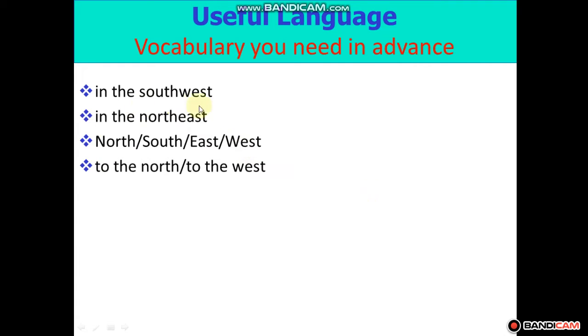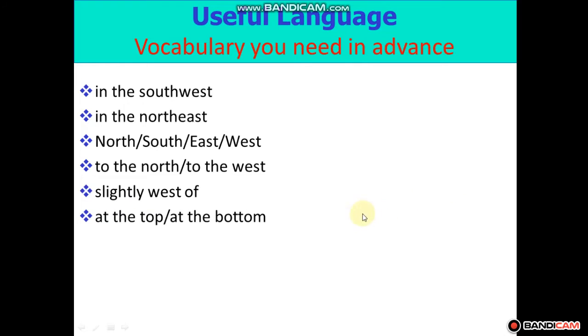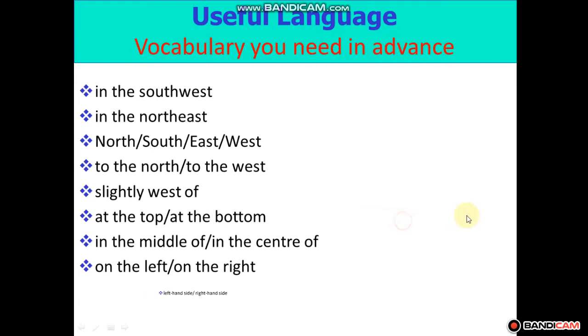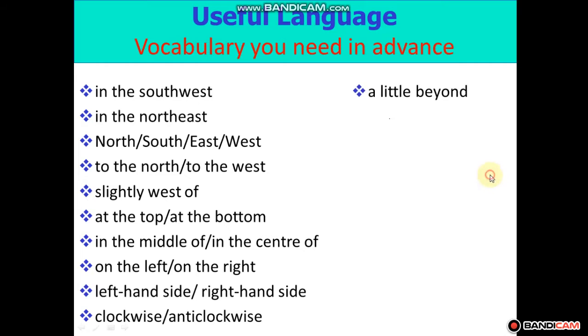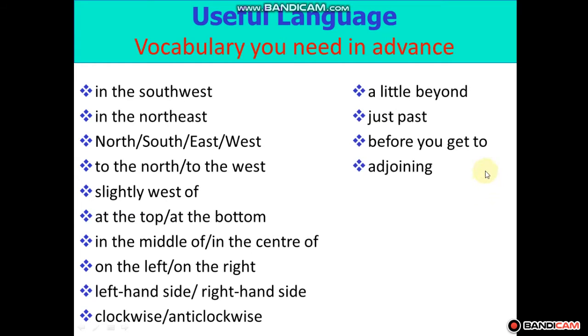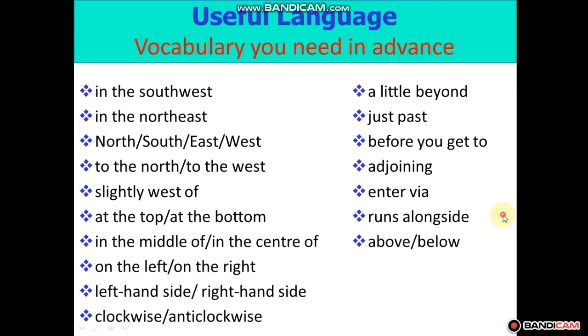Let's come to it. So for knowing the directions, you need to know the typical type of vocabulary associated with them. Like you can see on the screen: in the southwest, in the north, east, north, south, east, west, to the north, to the east, to the west, slightly west of, a little beyond, just past, before you get to, adjoining, enter via, entering through, run along, and all that.